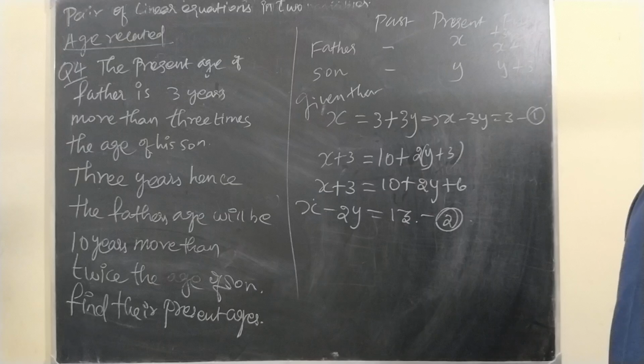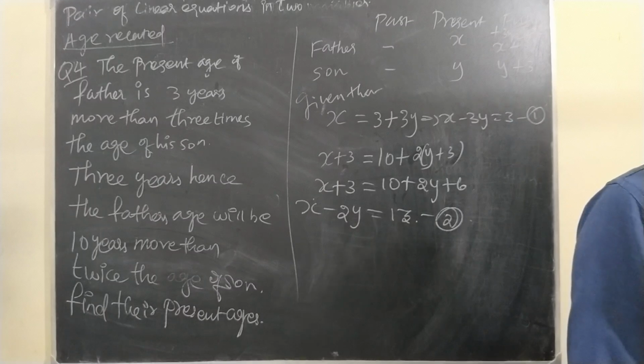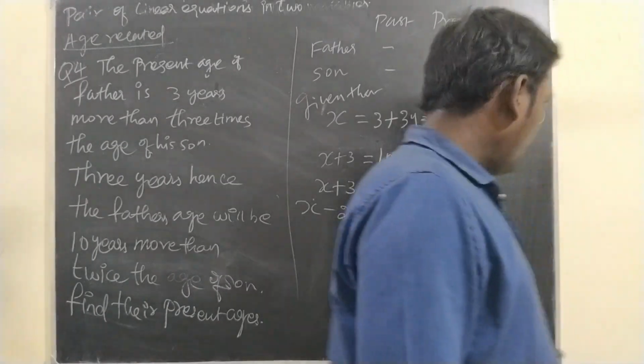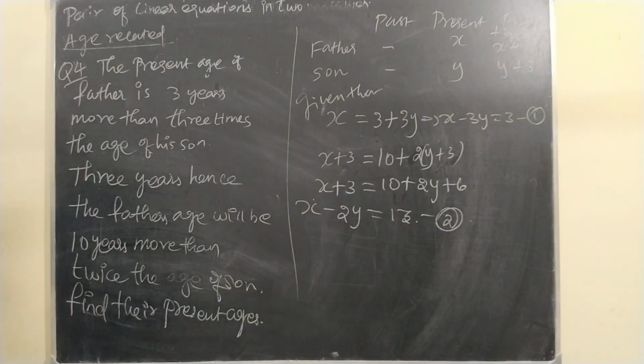Next, fixed charge questions. Like we have some questions, taxi charges in a city. Is this question part of your NCERT book? Take the taxi question. Shall I erase this?